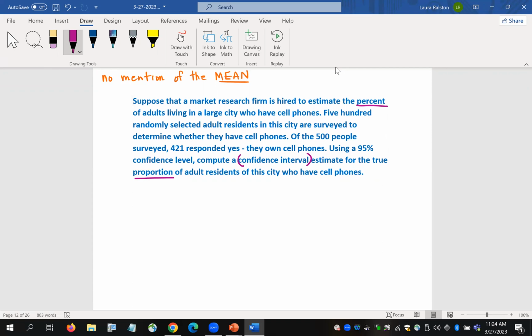There's no mention of the mean. There's also no mention of the population standard deviation or the sample standard deviation. So those are all kind of clues, red flags. This is not a problem related to the mean.